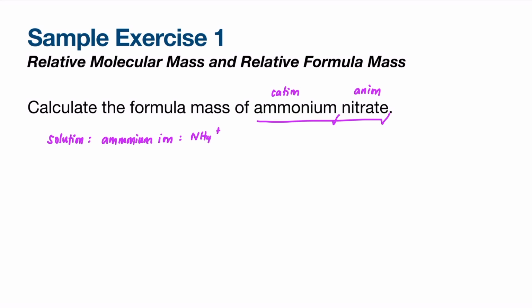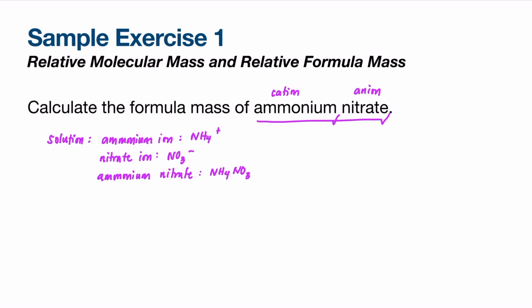On the other hand, nitrate ion has a symbol of NO3-. And when ammonium ion and nitrate ion form an ionic compound, which we call ammonium nitrate, it will have a chemical formula of NH4NO3.